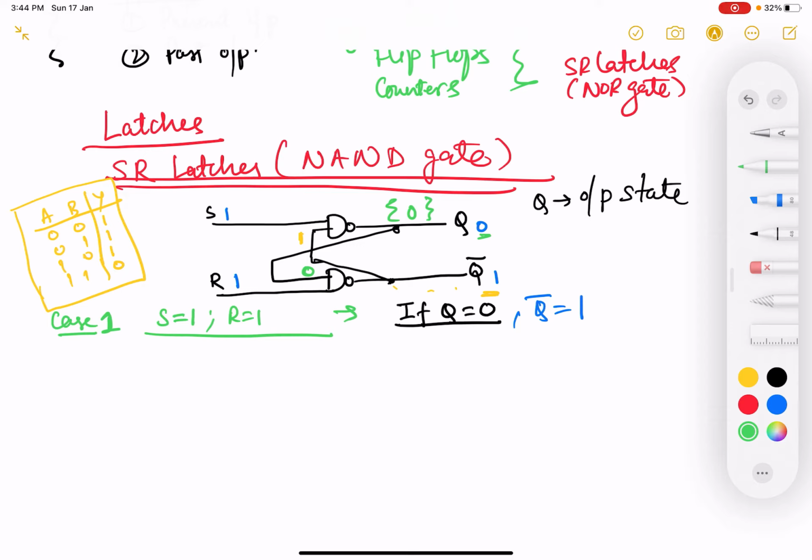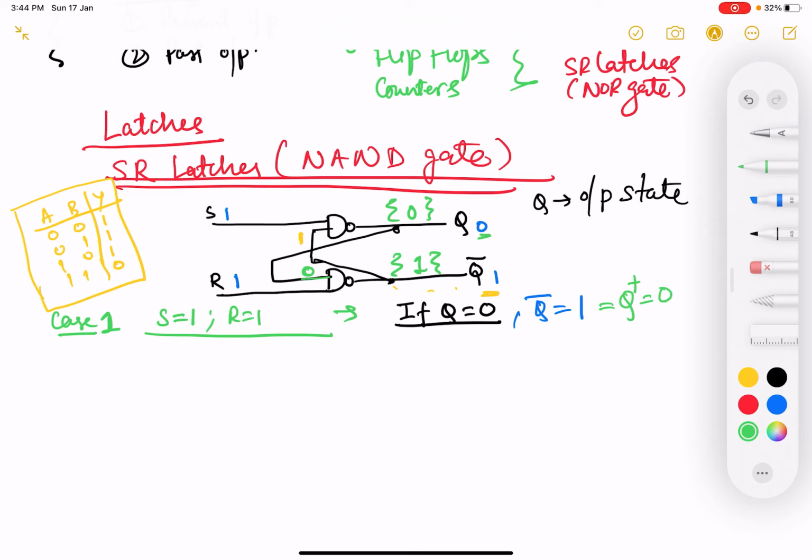For the lower NAND gate, R equal to 1 and the other input is 0. When 1 and 0 are applied, the output of the NAND gate is 1. Hence we can say that when S equal to 1, R equal to 1 and initially Q was 0, the next state output which we got was again 0.